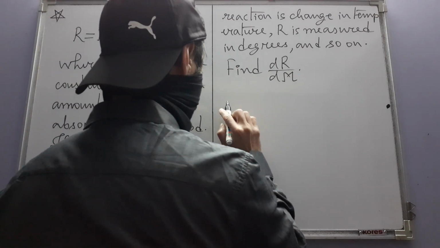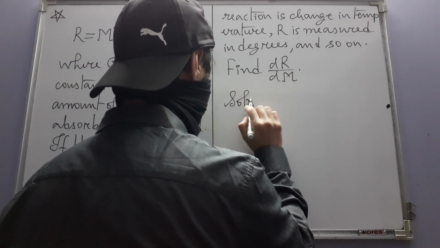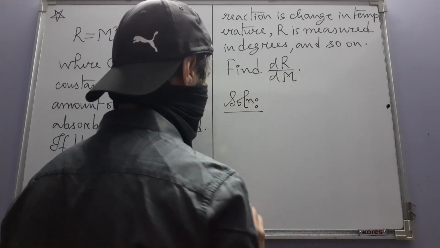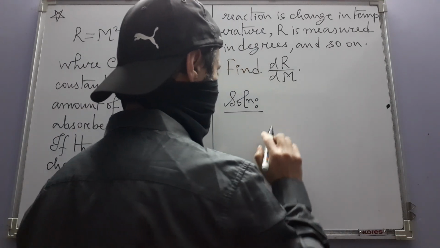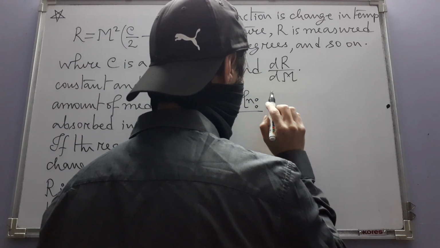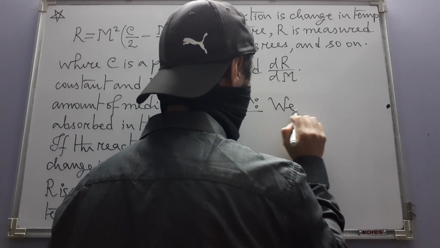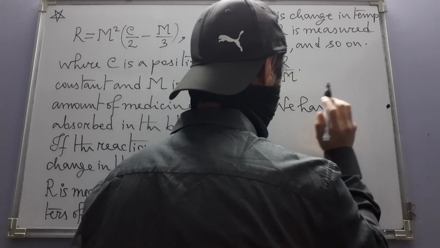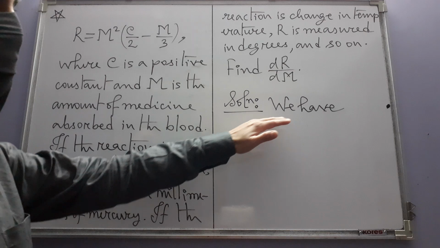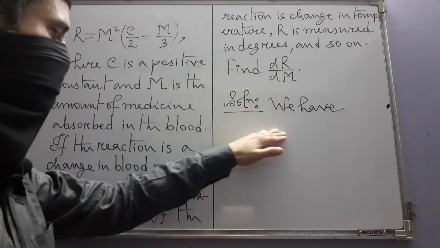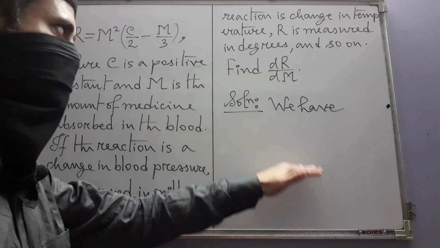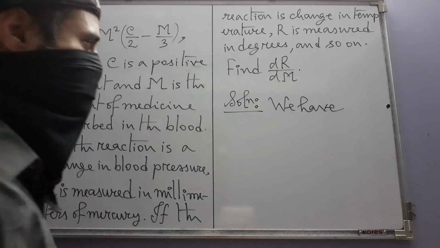So let's now find the derivative, or the rate of change. In this case, it's better to call it rate of change. Or if you want, you can start the solution like this. The sensitivity is dR/dM, and then you can write.